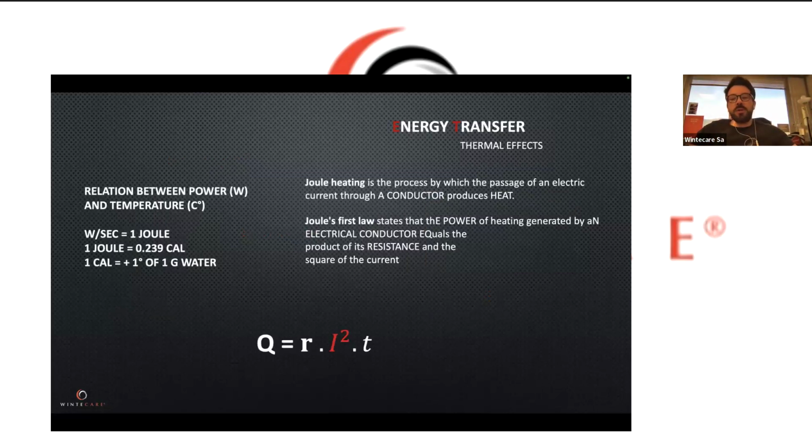Which is the most important variable you need to take into account when doing a tecar treatment? It's not just the energy, it's not just the power, but it is the current flow, okay? The current flow, as we can see from Joule's law, has a quadratic, a squared impact on the energy transfer.